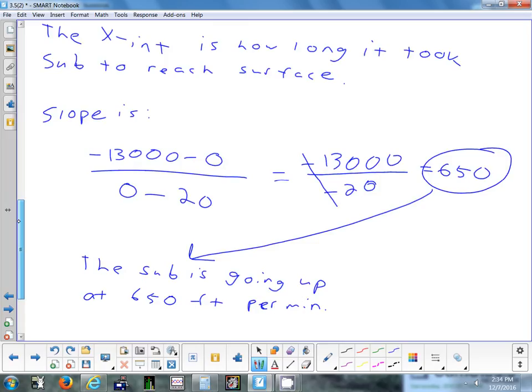Now, how do we know that we're right with the slope? How do we know that that 650 is right? Because you're a genius. Besides that, Bailey? Think back a little bit. What did they give me to start out in this problem? You should have known the slope before we even found it.